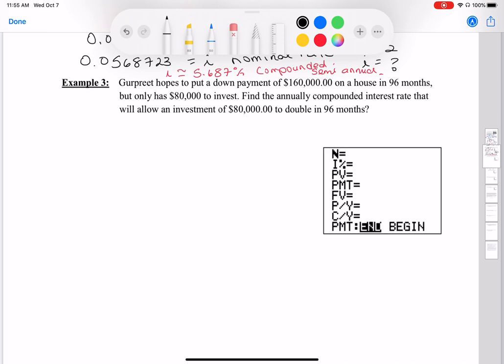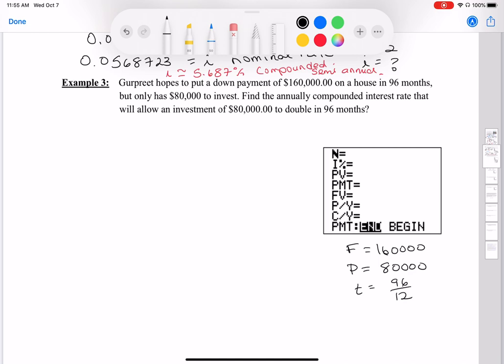Well, what do we have? We're hoping to have a future value of $160,000. And we're starting off with the $80,000 investment. We have a time of 96 months. So remember that time must be in years.